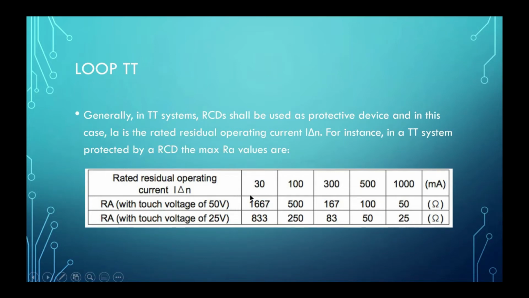Then the maximum resistance or impedance is 1667 ohm. If the measured impedance is higher than this value, your RCD may not trip. If lower than this value, your RCD can trip, so it can protect you from the electric fault or short circuit.